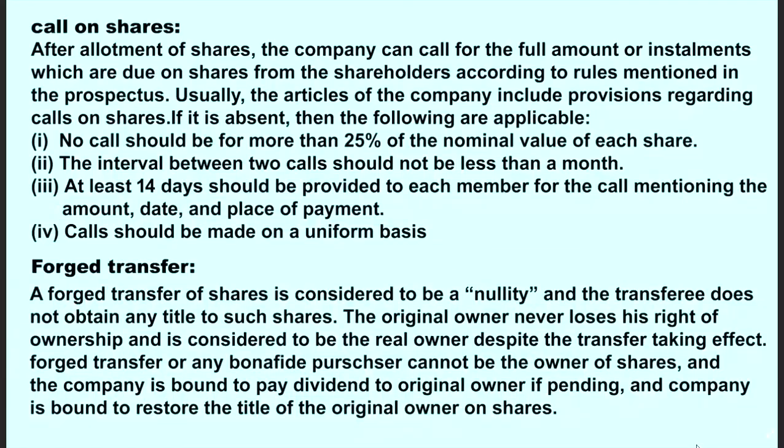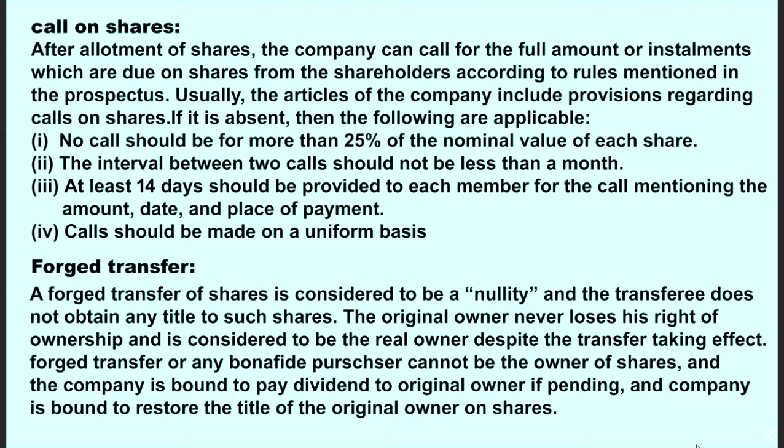Call on shares. After allotment of shares, the company can call for the full amount or part which is due on shares from the shareholders according to the rules mentioned in the prospectus. Usually, the articles of the company include provisions regarding calls on shares. If they are absent, the following apply. If a person buys a share from a company and the value of the share is 100 rupees, and he pays 50 rupees at first, that is called a paid up share.